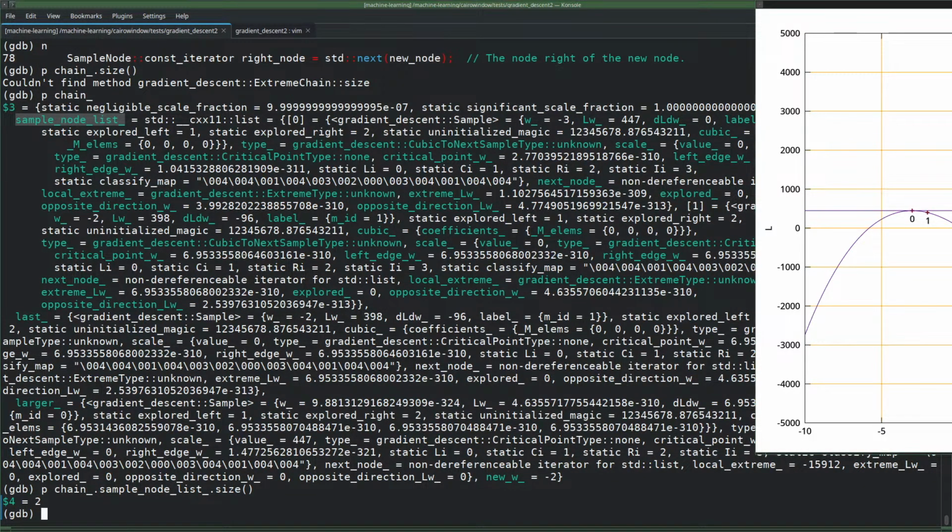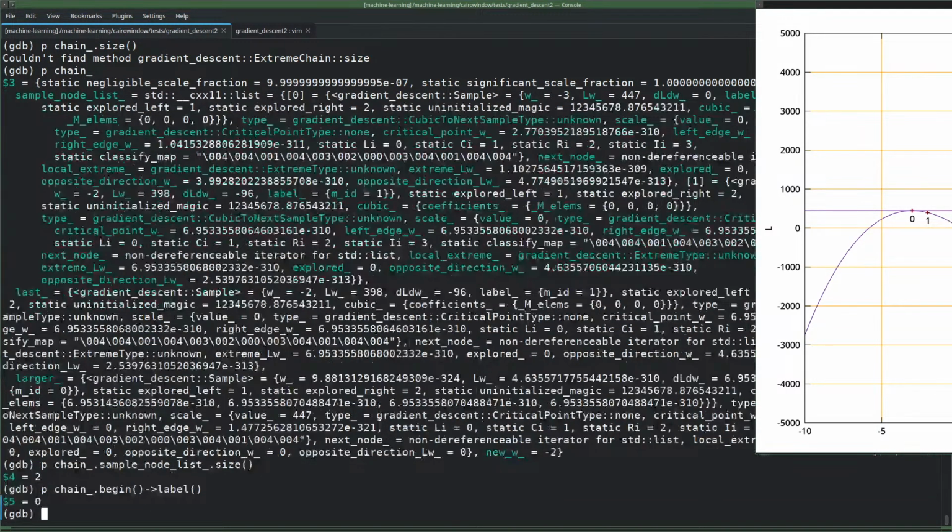The size is 2. The first one is 0.0. And the second one exists. And is 0.1.